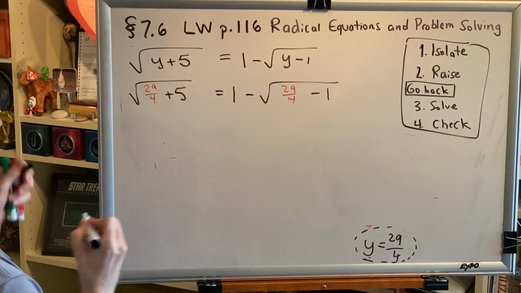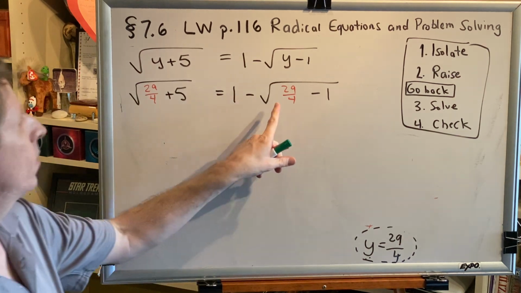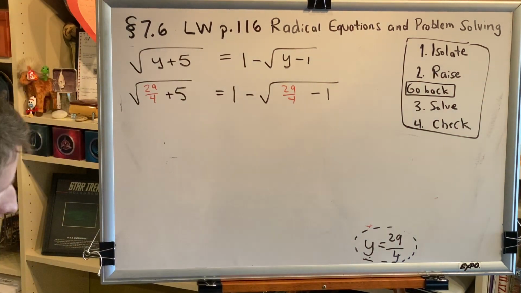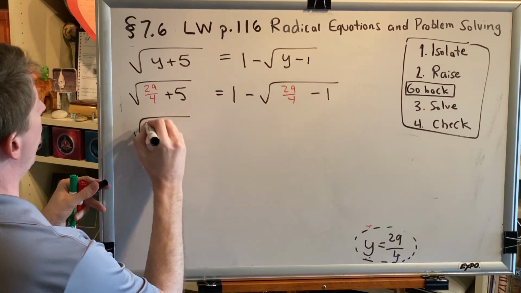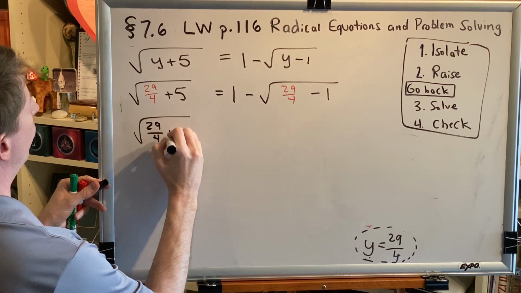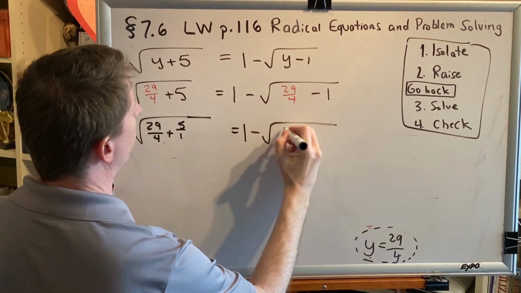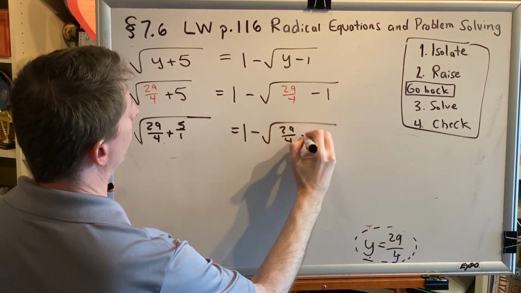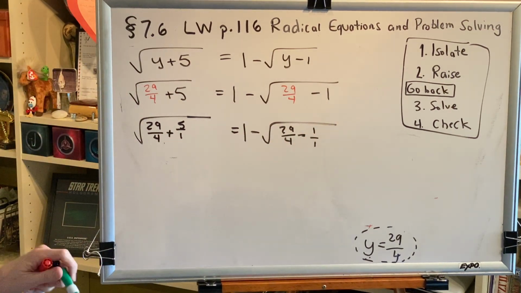Okay, now we cannot add a fraction and a whole number. We cannot subtract a fraction and a whole number. So the only way we can proceed here is to turn our whole number into a fraction. 5 is the same as 5 over 1. One is the same as 1 over 1. And then get a common denominator.